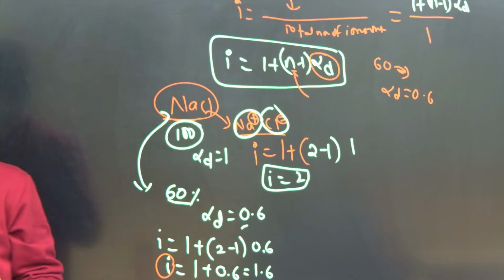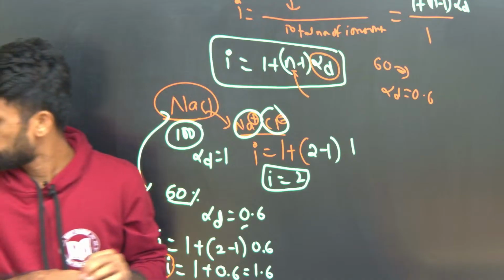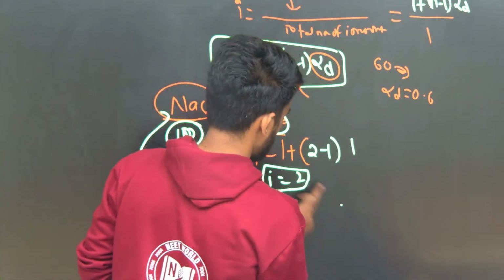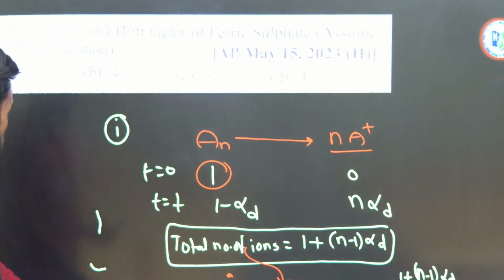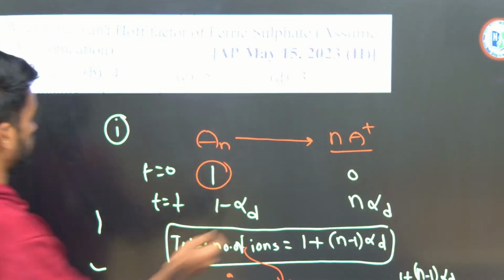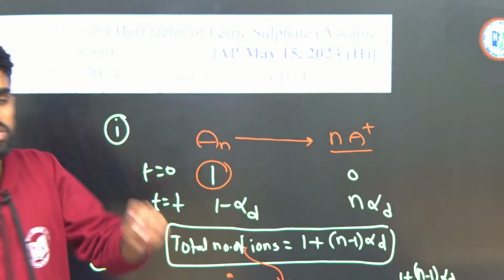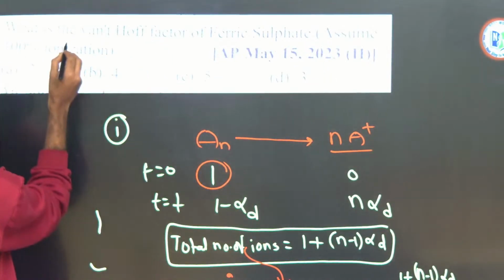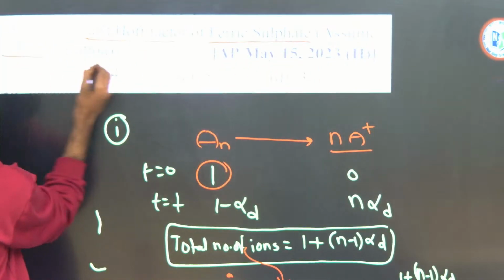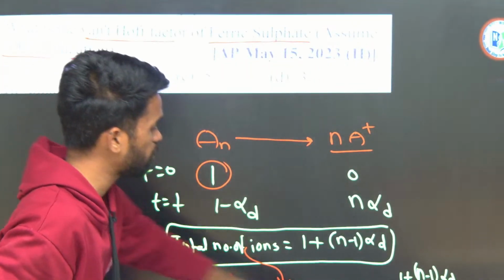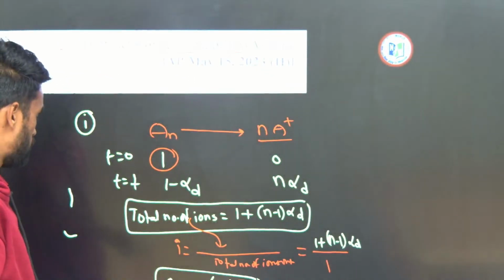Okay. Right. Next, I will show you one more thing here. Can you solve this question? What are they saying? See, again an EAPCET question, very easy, you can solve it within seconds. What is the Van 't Hoff factor for ferric sulfate? Assume 100% dissociation. First of all, tell me what is the formula of ferric sulfate?